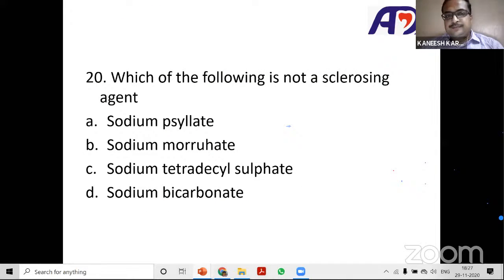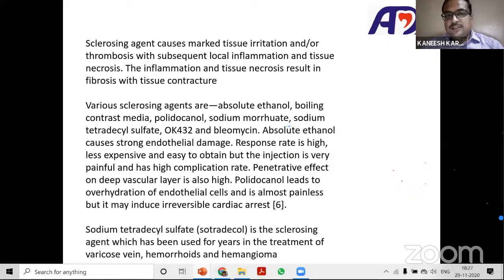Okay. Which of the following is not a sclerosing agent? Yeah, this is pretty straightforward. So these are the sclerosing agents. Sclerosing agents are used in reducing the blood flow of a vascular tumor.